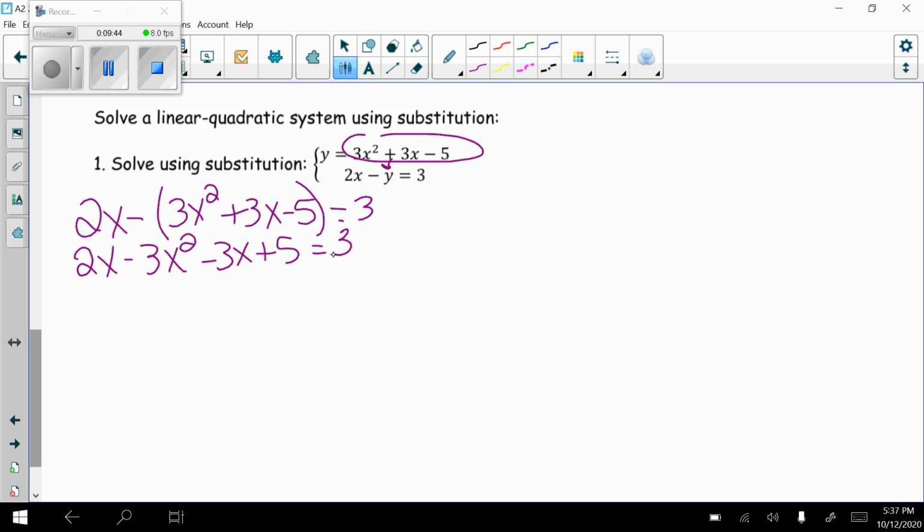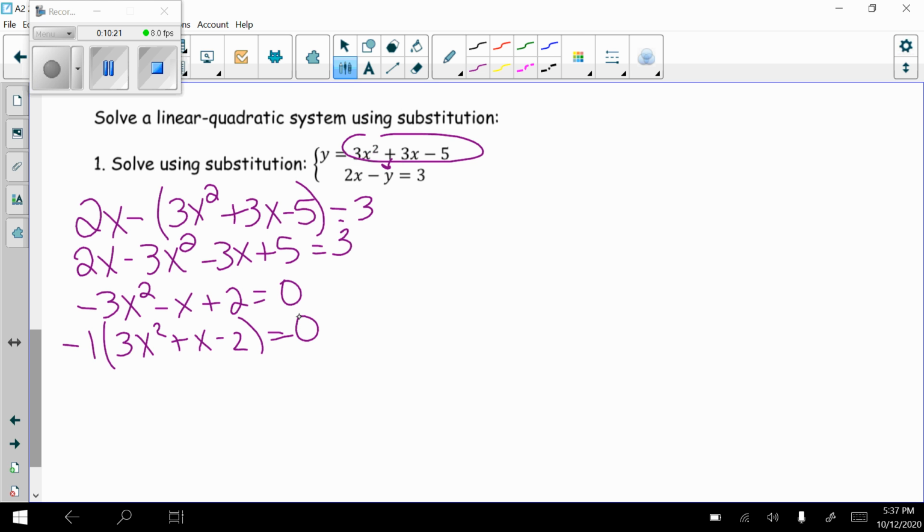equals 3. I need to get everything on the same side. So I have negative 3x squared minus x, and then when I subtract 3 over, I get plus 2 equals 0. I need to go ahead and take that negative 1 out, because if I'm going to factor, I can't factor with the negative in front, so this is going to be 3x squared plus x minus 2 equals 0.